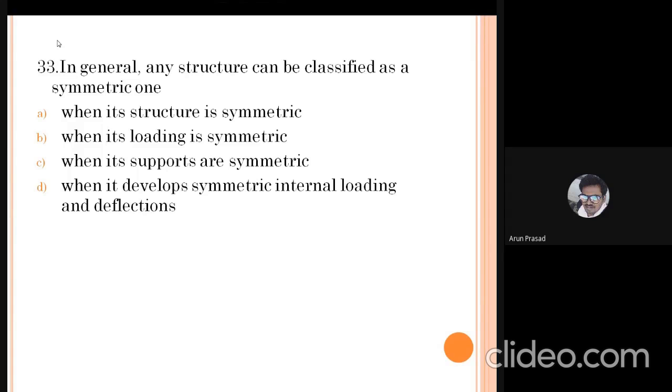The structure should be symmetrical, or the loading should be symmetric, or the support should be symmetric, or when it develops symmetric internal loading and deflections, and the internal forces will be symmetric. So what will be the answer for this? That is, when the structure develops internal forces, that is deflections and loadings and stresses and everything, if it is symmetric, then the structure can be classified as a symmetric one.